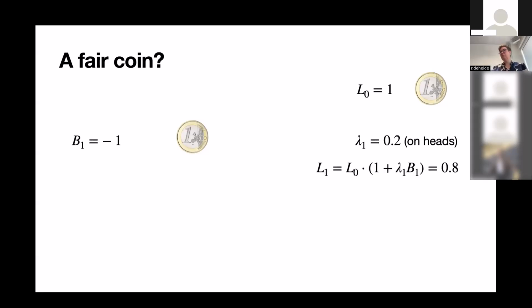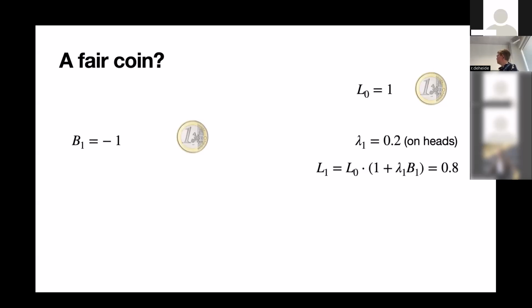Then our wealth at time point 1 is our wealth at time point 0, L0, times 1 plus the fraction that we bet, 20 cents, times the real outcome of the coin. So we encode a plus fraction of our wealth as we bet on heads and a minus fraction as we bet on tails. Now we bet 20 cents on heads, so lambda 1 is 0.2.